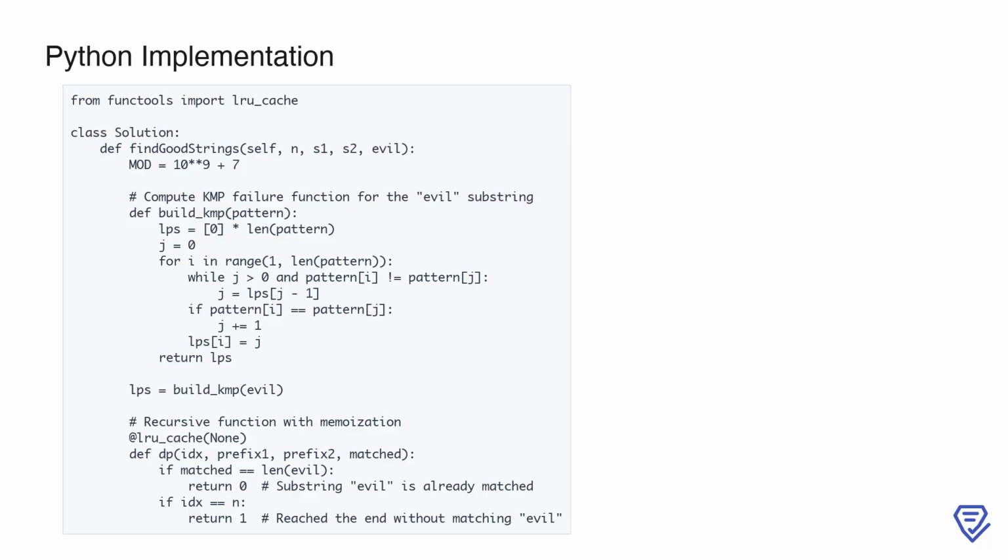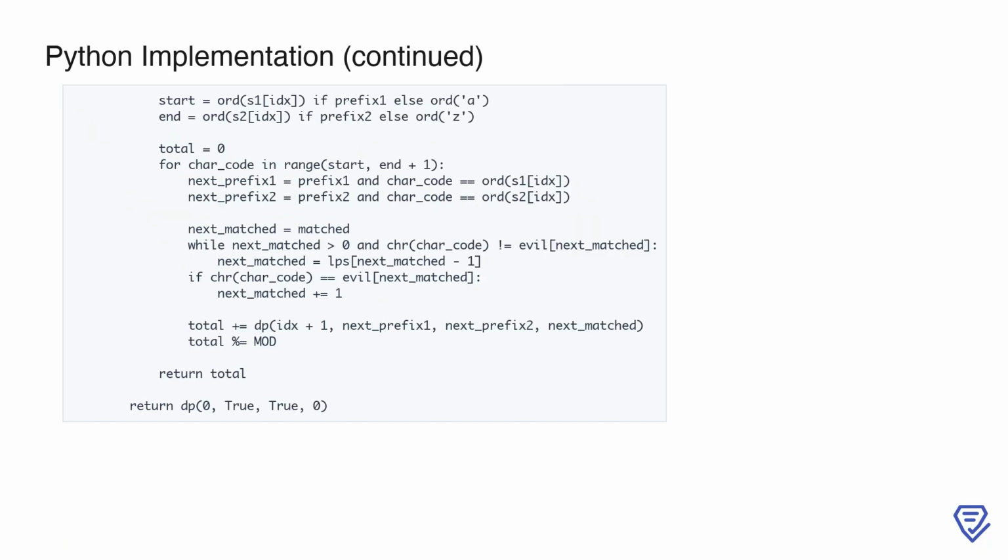Now, we define the range of characters that can be used at the current position idx. This is determined by whether we are still constrained by the prefixes of S1 and S2. If prefix1 is true, the starting character is the one at S1[idx], otherwise, it's 'a'. Similarly, the ending character is determined by prefix2, defaulting to 'z' if there's no constraint.